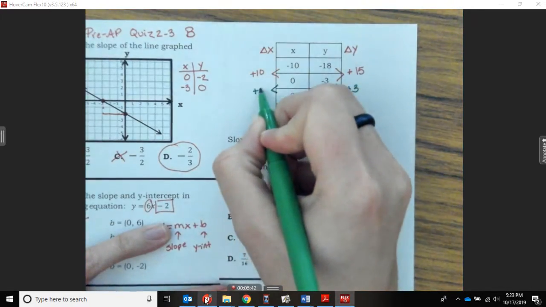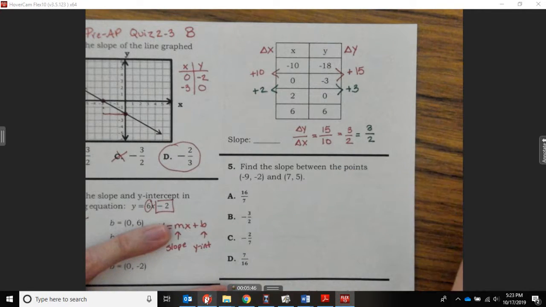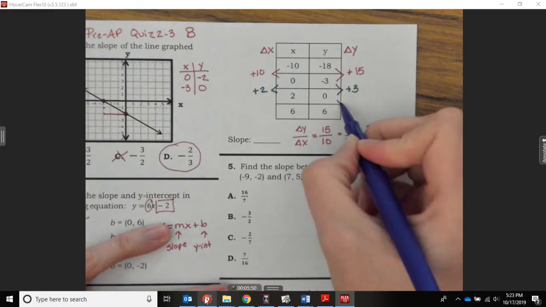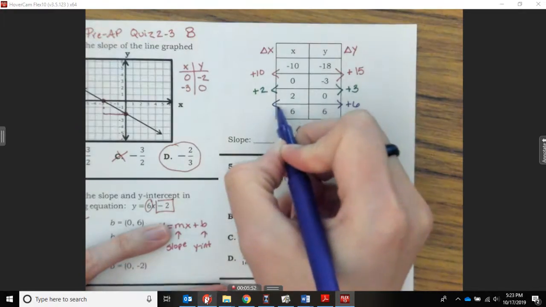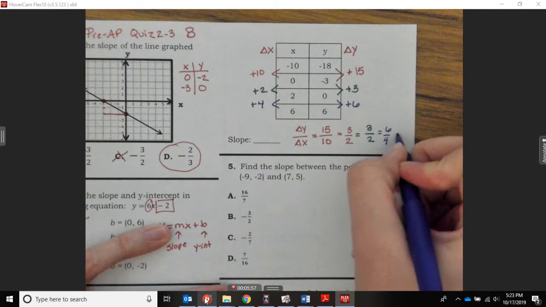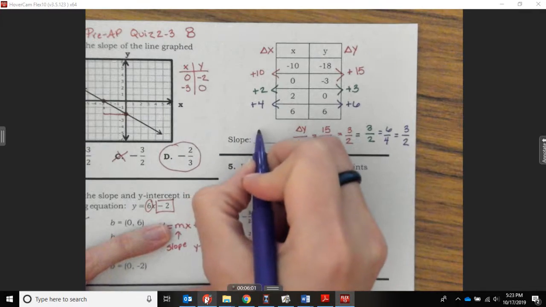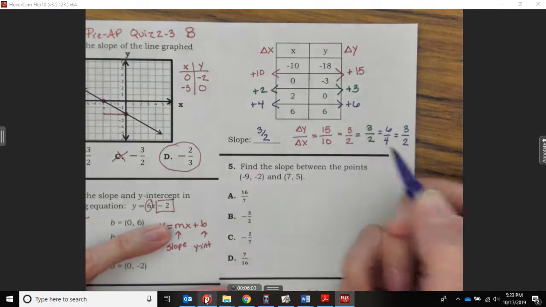Here I am adding 2. So again, my slope is 3 over 2. And then the last one, I am adding 6, and I am adding 4. So this slope is 6 over 4, which simplifies to 3 over 2. So since I get 3 over 2 every time, that is my answer.